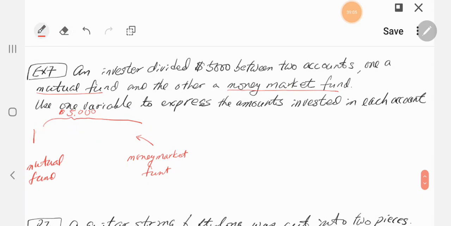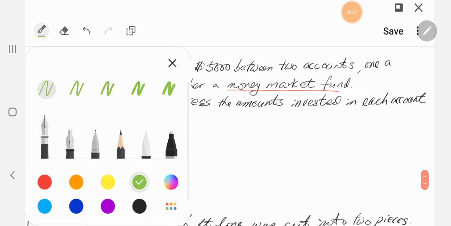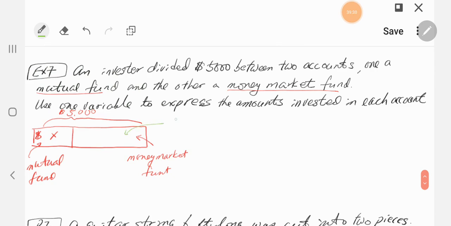So X dollars is in the mutual fund account. Then how much should go in the money market? The total is 5,000, so it's the total minus X, because you spent X in the first account.